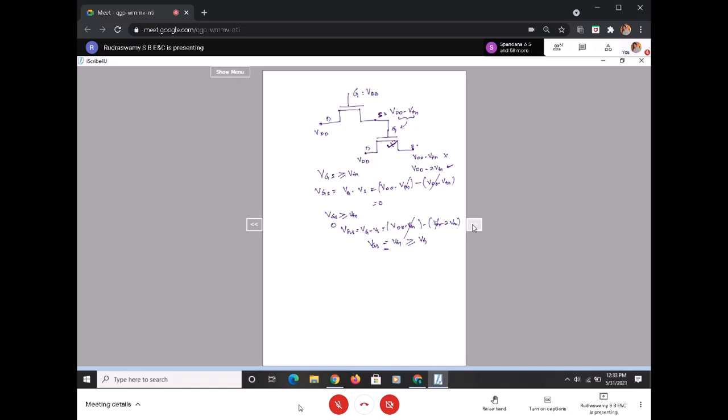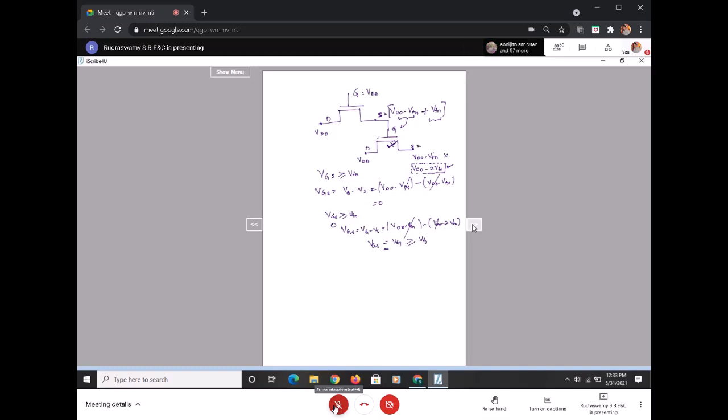Now, suppose somehow I add plus VTN to the gate. So what will be my source voltage now?